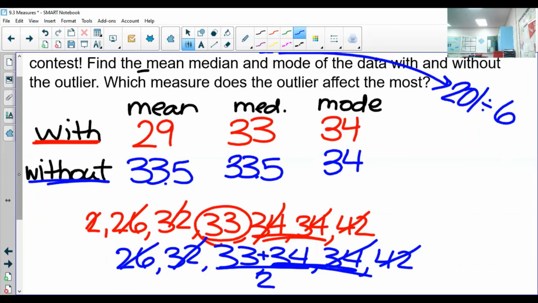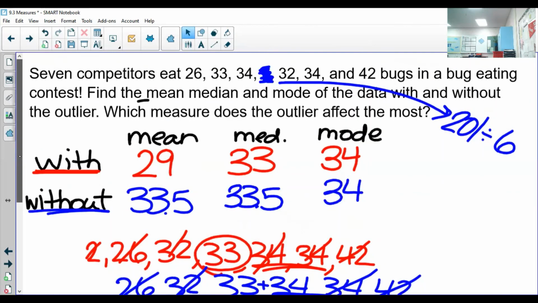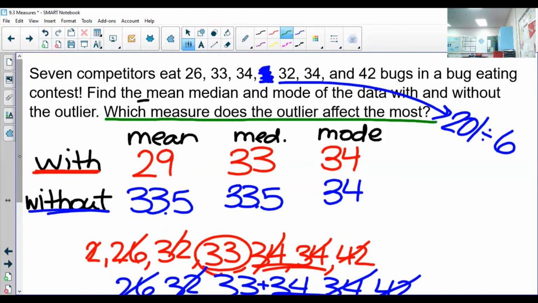Okay, now I've done everything they've asked, right? I found the mean, median, and mode with and without the outlier. So their final question is, which measure does the outlier affect the most? Well, if we look at mean, we're jumping from 29 to 33.5. So a significant jump there.